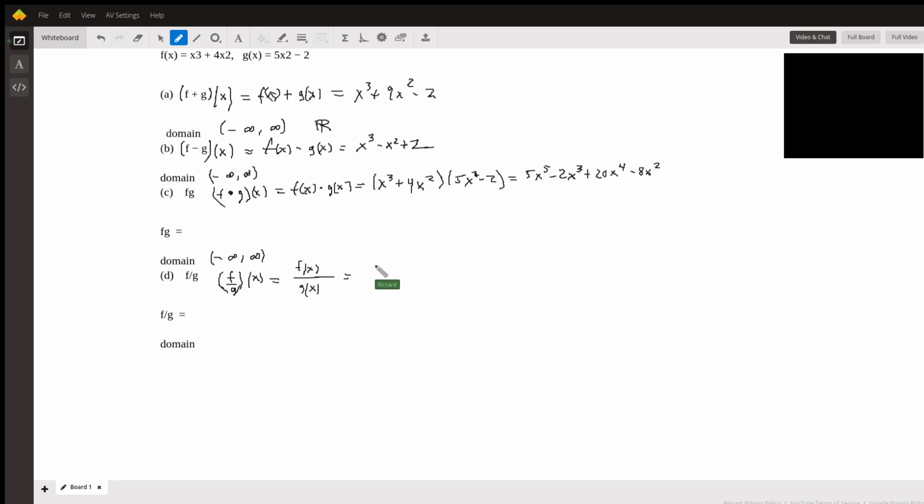So it's going to be x cubed plus 4x squared over 5x squared minus 2. This is called a rational expression, and usually what you want to do is factor it just to see if there's anything funky going on here. And I don't see anything.